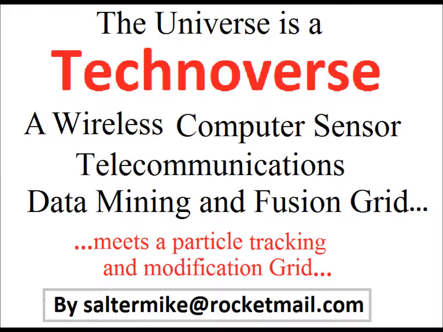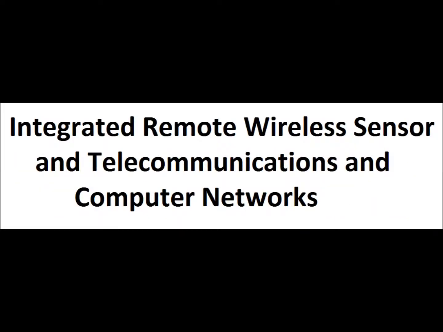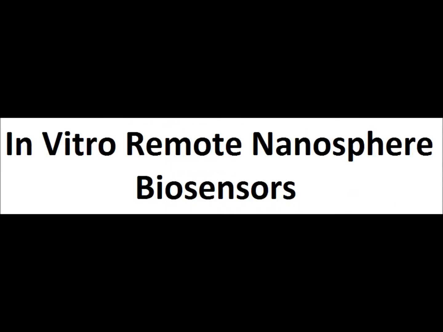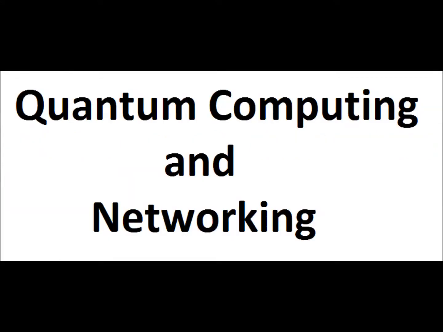The universe is a gigantic, shape-shifting wireless computer sensor, telecommunications, data mining, and fusion grid. The technological nature of the universe is hidden and camouflaged and cloaked behind and beneath quadrillions and quadrillions and quadrillions of megatons of fire and ice and rock and water and dirt and the rest of the natural elements.